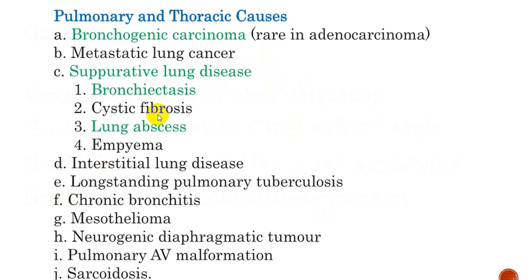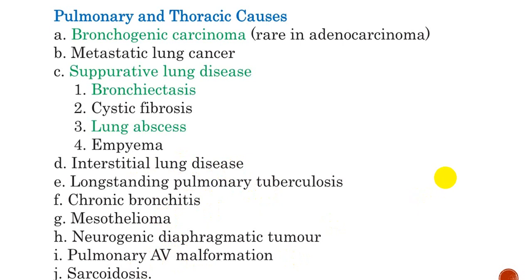You can have it sometimes in cystic fibrosis. Interstitial lung disease can occasionally have clubbing. Long-standing pulmonary tuberculosis, chronic bronchitis, mesothelioma can also have clubbing. Rare findings like pulmonary AV malformation, sarcoidosis can also be associated with clubbing.